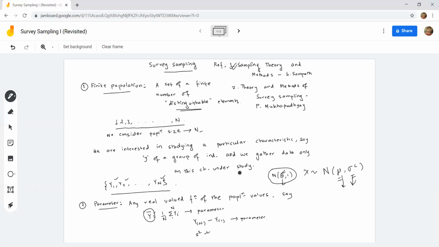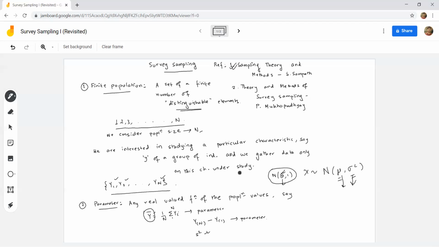So that you can know the entire distribution of x. But it is not the case in survey sampling, because first of all your population is finite, and you can compute entities from the population itself. So these things are known for you, okay, but you can't handle them because there is so much data.